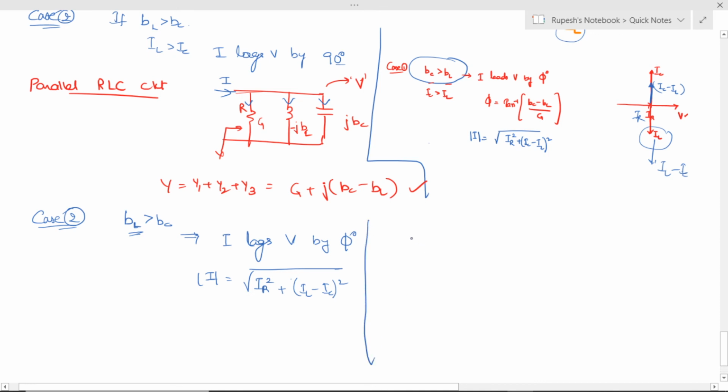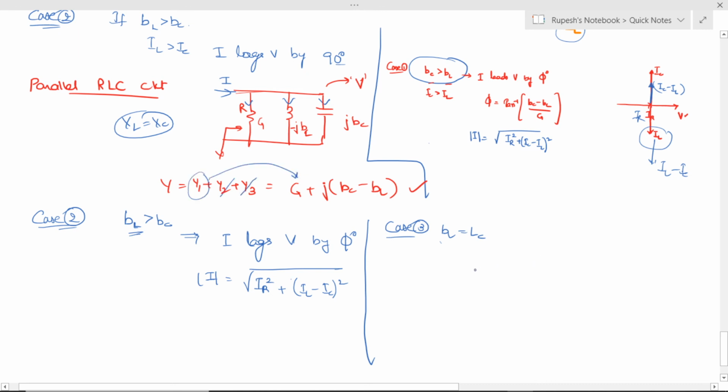And coming to case 3, as it is a parallel RLC circuit, it may so happen that XL will be equal to XC, or BL is equal to BC. Then the entire circuit will be resistive in nature because Y2 equals minus Y3, both get cancelled and only G remains.